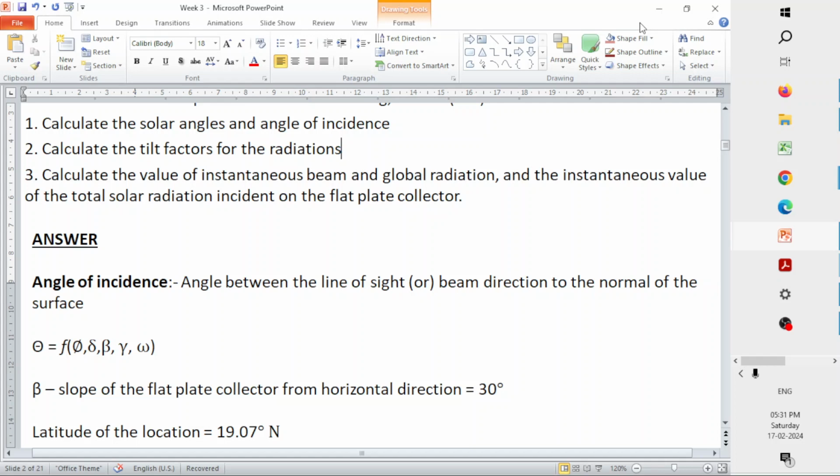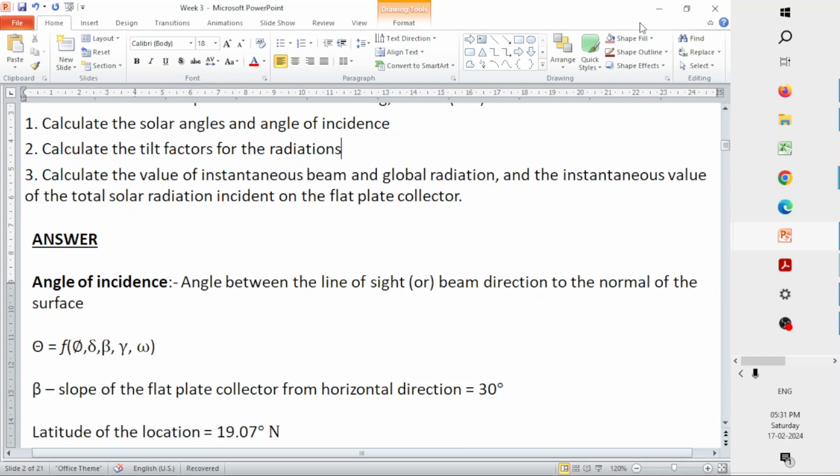And then the other one is the reflective radiation, which gets reflected. Some of the light falling on the ground surface and in the atmosphere will be reflected. So there are three tilt factors: one due to beam, another due to diffusive radiation, and another due to reflective radiation.